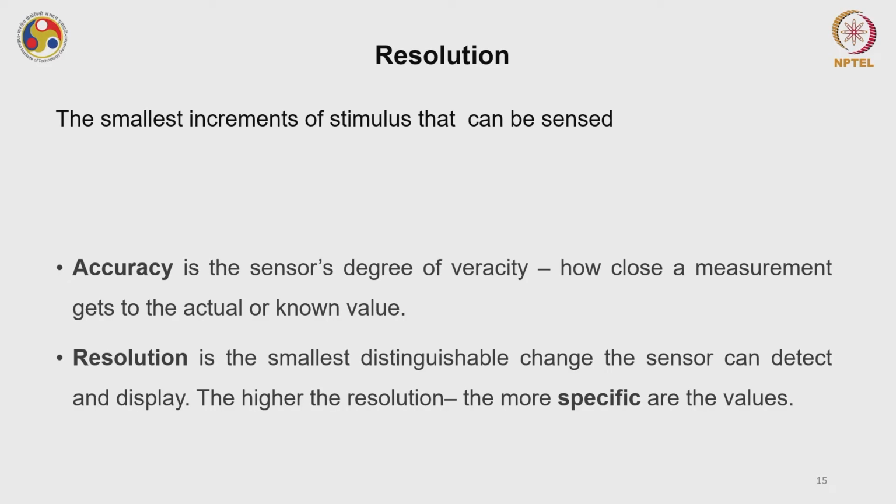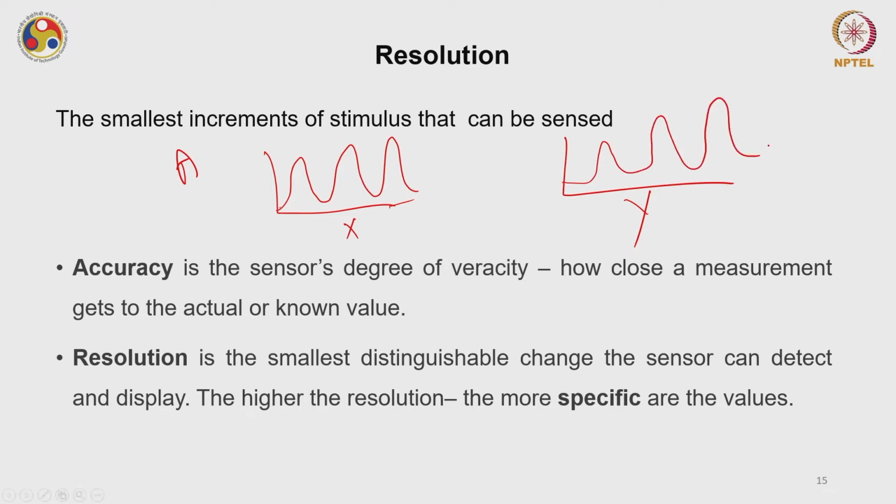I have two sensors, X and Y. This is the dynamic curve of these sensors for a particular gas, let us take gas A. This is the response for the two sensors X and Y, for concentrations say C1, C2 and C3.